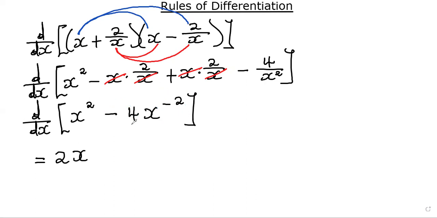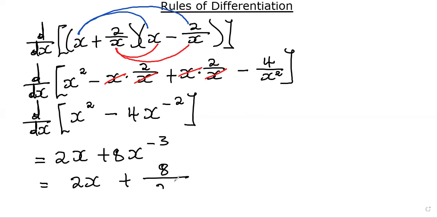So -2 by -4, it's +8. And then we subtract 1 from the exponent. Well, if they ask us to write this in positive exponential form, then it's just going to be 2x plus 8 over x, which is all cubed.